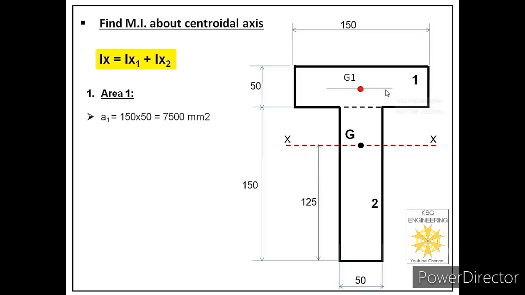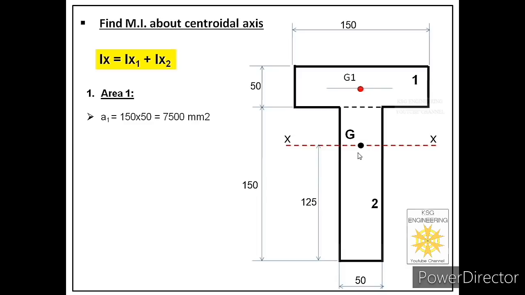That axis will be called the centroidal axis of area 1. Then we need to find the distance between these two axes, that is, between the main axis and the centroidal axis of area 1. That distance will be called H, and since it is related to area 1, we'll call it H1.